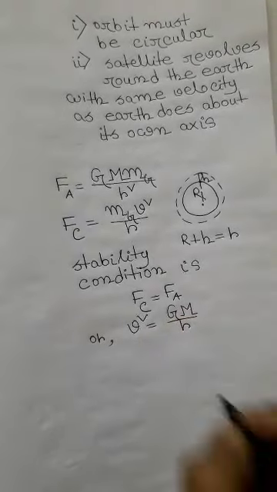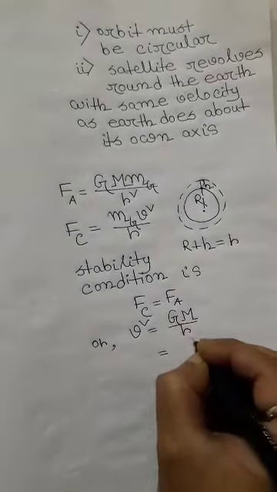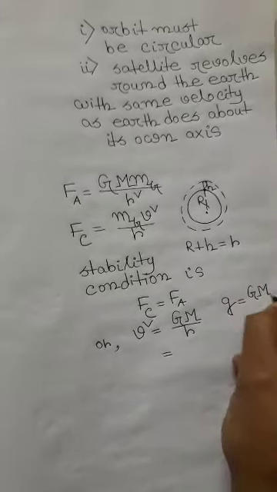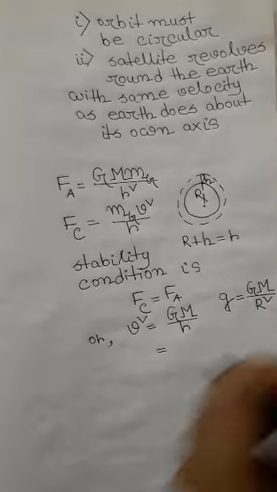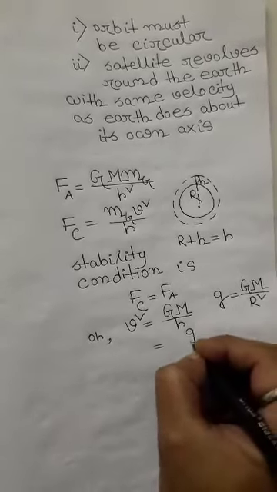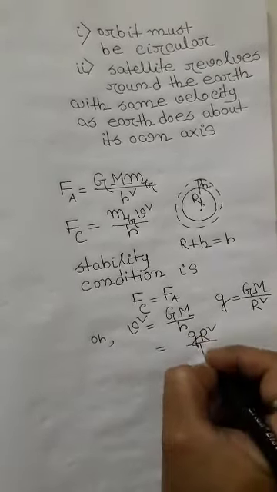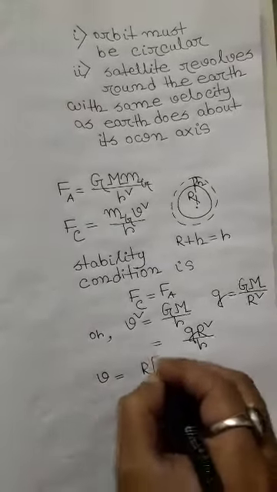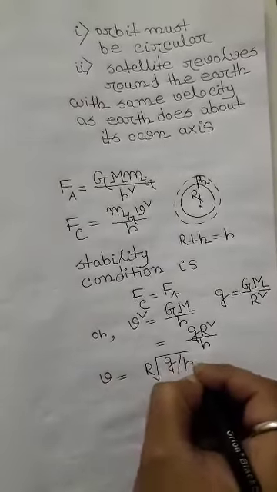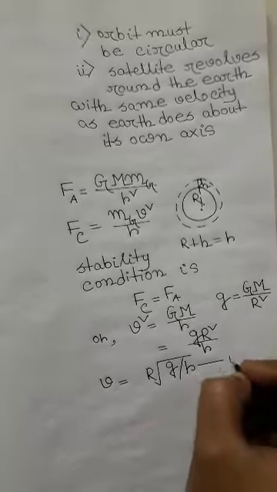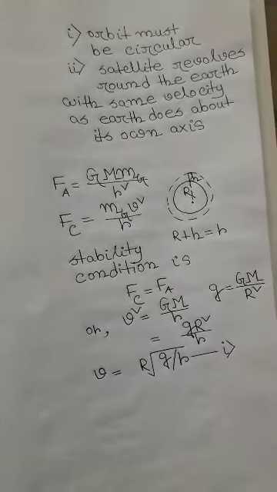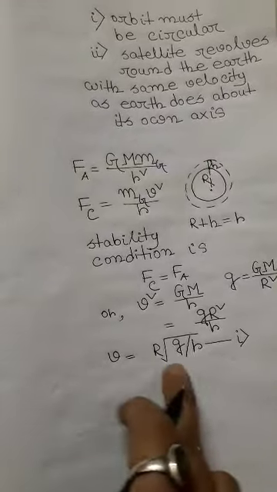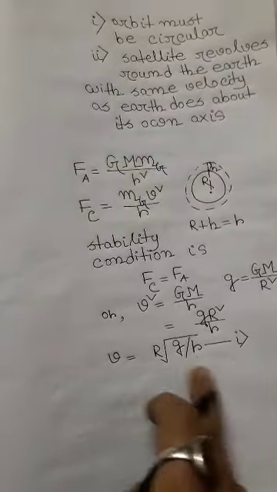Okay, so again we all know that g equals GM by R square at the surface of Earth. So we can write GM as g into capital R square. Now what will be my velocity? That is R into square root of g by r. So we see that orbital velocity is independent of the mass of the geostationary satellite, because there is no term m. m is absent here.